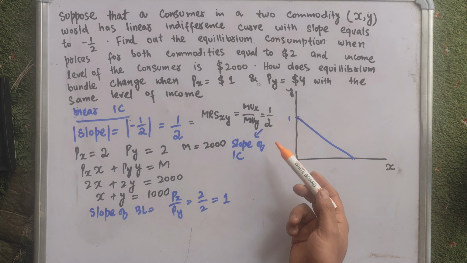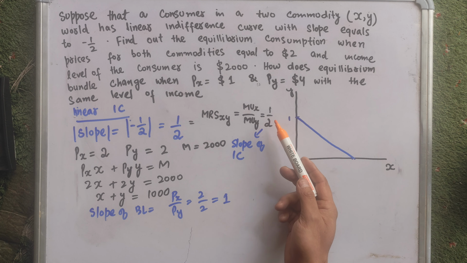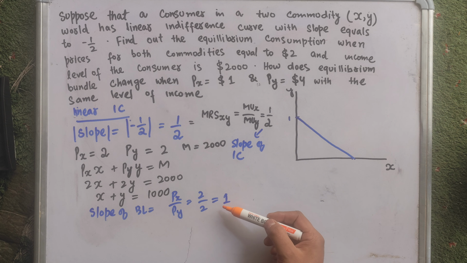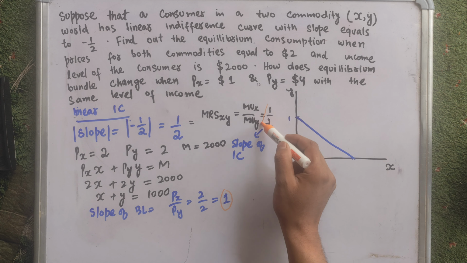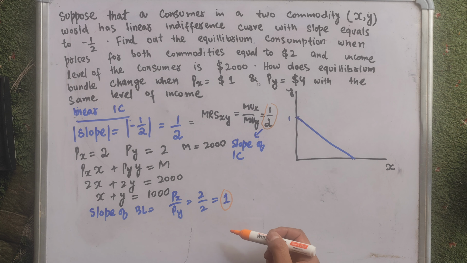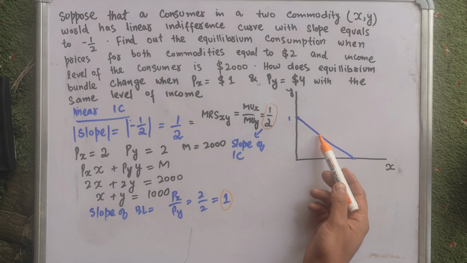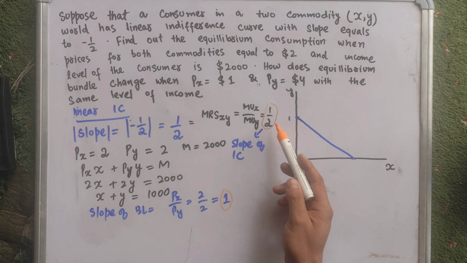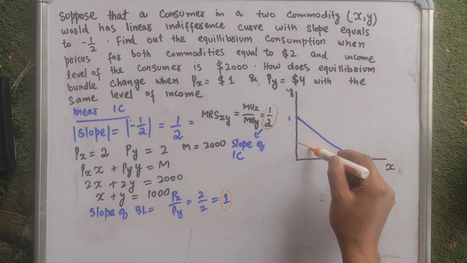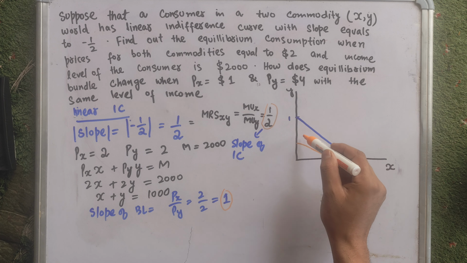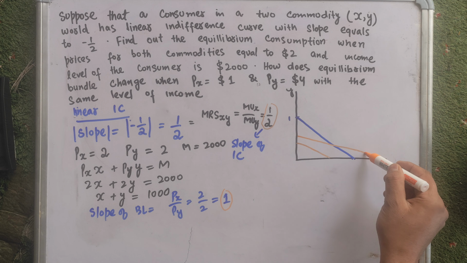Okay, so the slope of the indifference curve is flatter compared to the slope of the budget line. Here we have 1, here we have 1/2. Okay, that means this budget line is steeper than the indifference curve. So one indifference curve can be this, so another indifference curve will be like this.